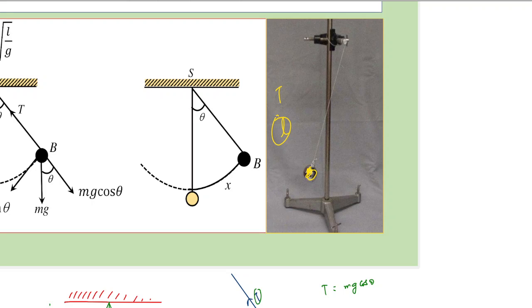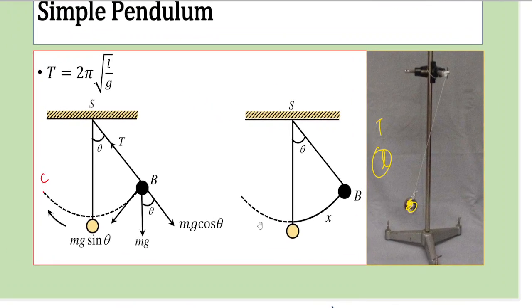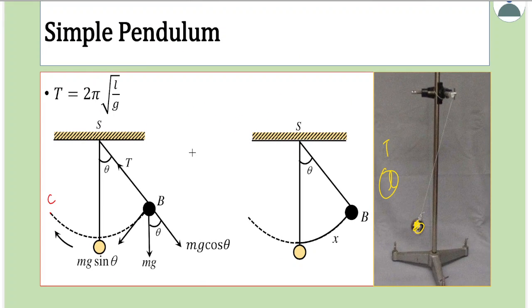This is called the time period for simple pendulum. So in terms of frequency, f is equal to 1 by time period, that is equal to 1 by 2 pi under root of g by L. So this is the expression for frequency of a simple pendulum.